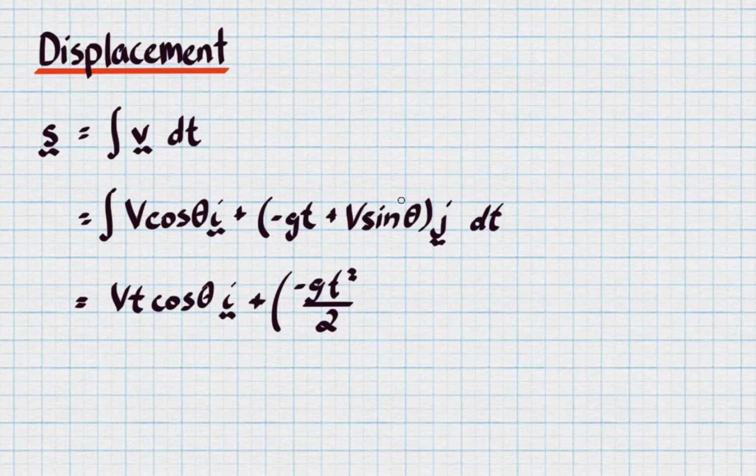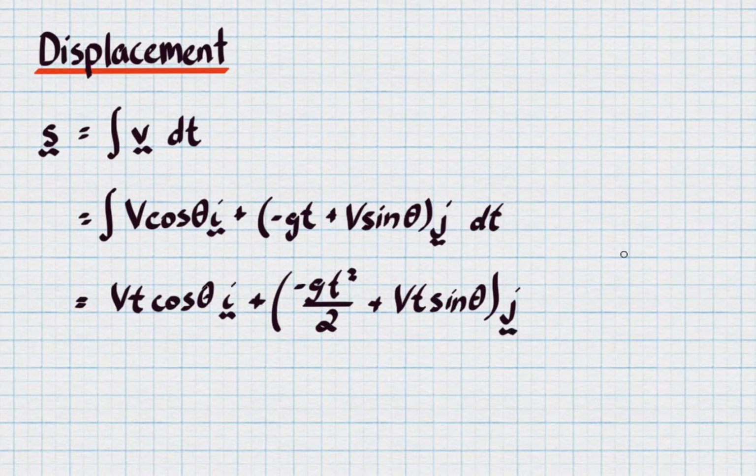And then for the second part, v sine theta is a constant, so we add in the t, commonly written as vt sine theta. And that's all times j.